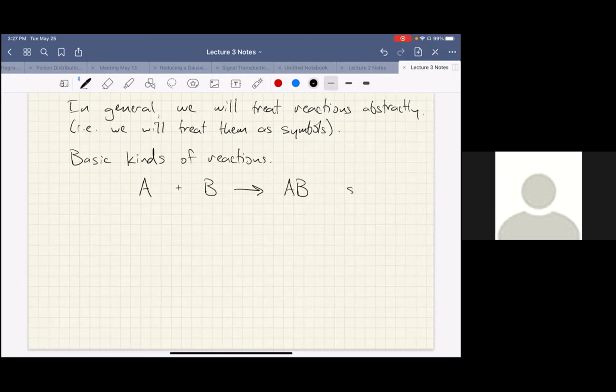This we're going to call a synthesis reaction. Basically, we take some A, some B, and put them together. Going the other way, if we start with some compound AB and break it up into its component parts, that's called dissociation.